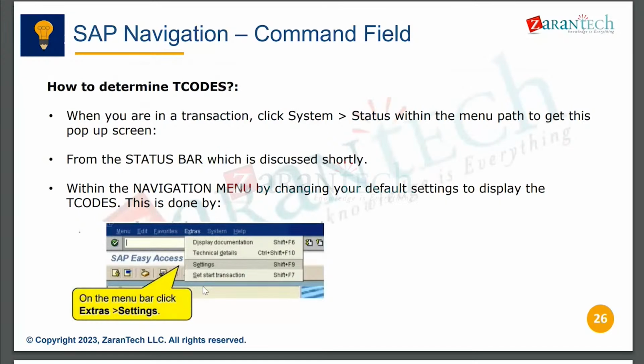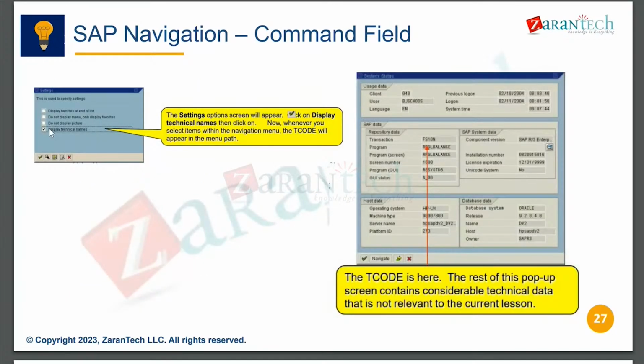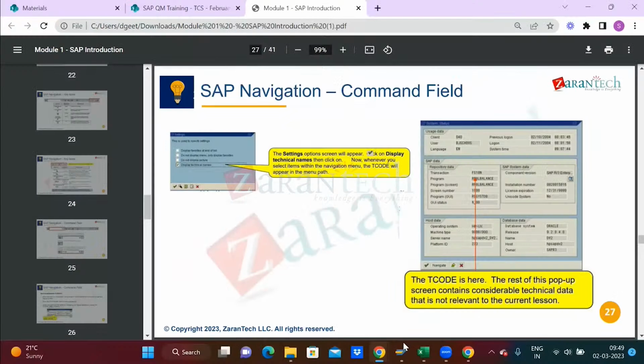Okay, whenever you log in the first time, you cannot see these transaction codes, you can only see the text. In that case, you need to go to the extras, click on settings, then you need to activate the display transaction codes check mark here. Then you can see the transaction code for your session.